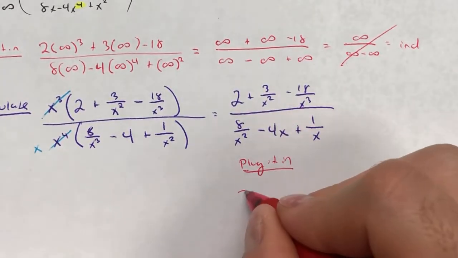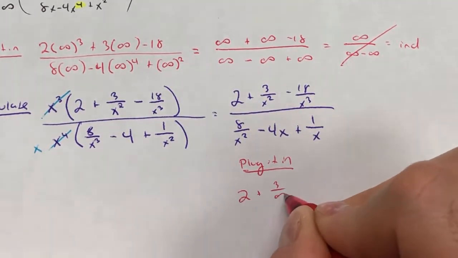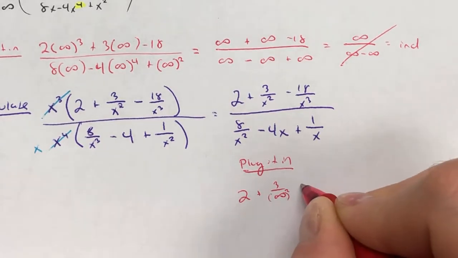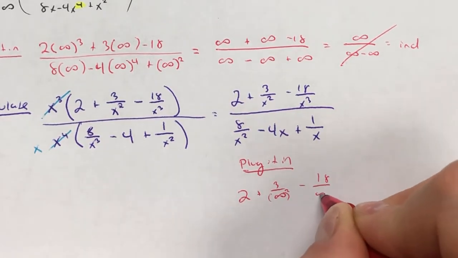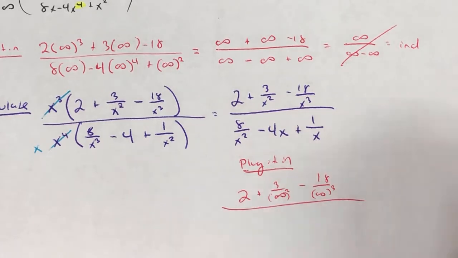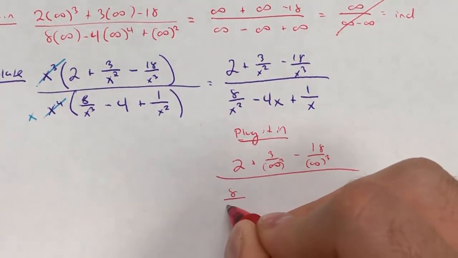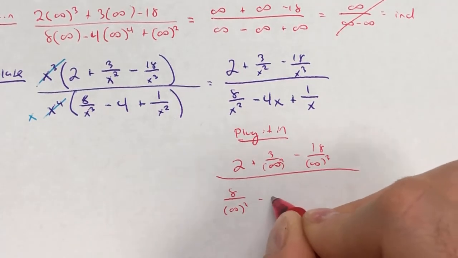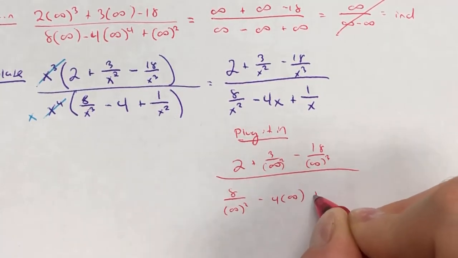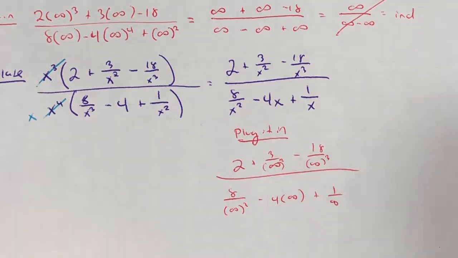So now when I plug it in, I have 2 plus 3 over infinity squared minus 18 over infinity cubed. On the bottom, we have 8 over infinity squared minus 4 times infinity plus 1 over infinity.